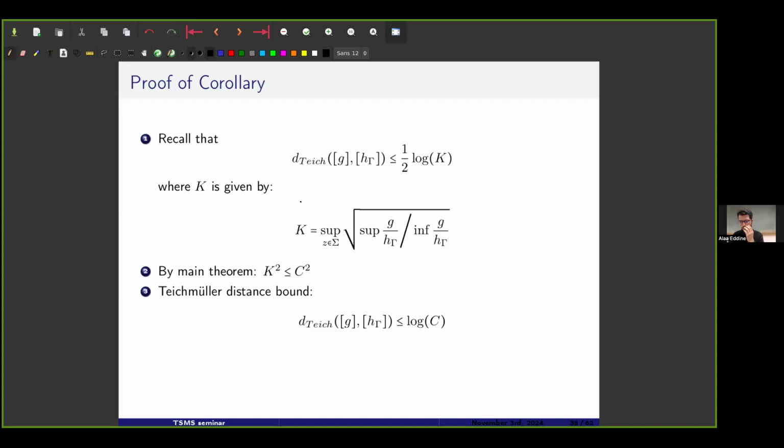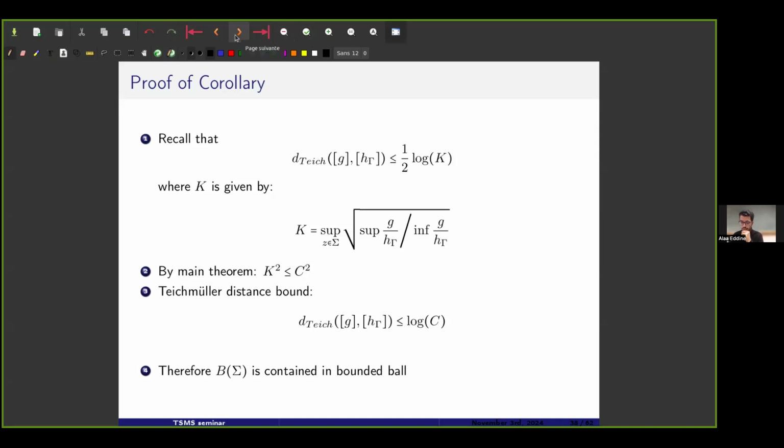So the set B sigma lies inside the ball of center H gamma and radius at most log C. So it is relatively compact, and hence it is not the whole Teichmüller space.